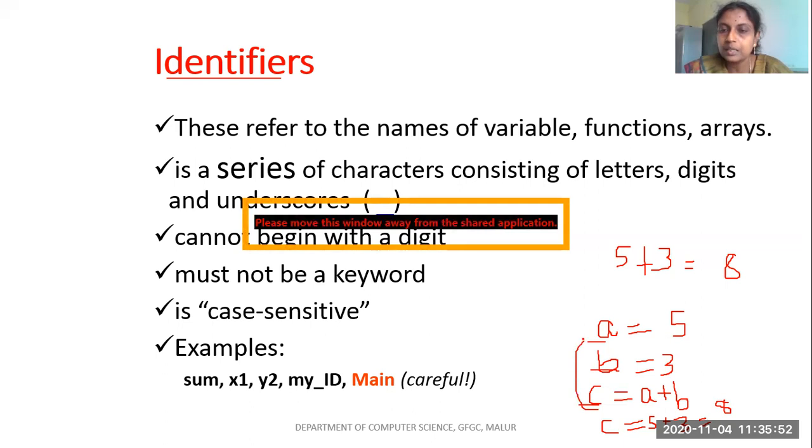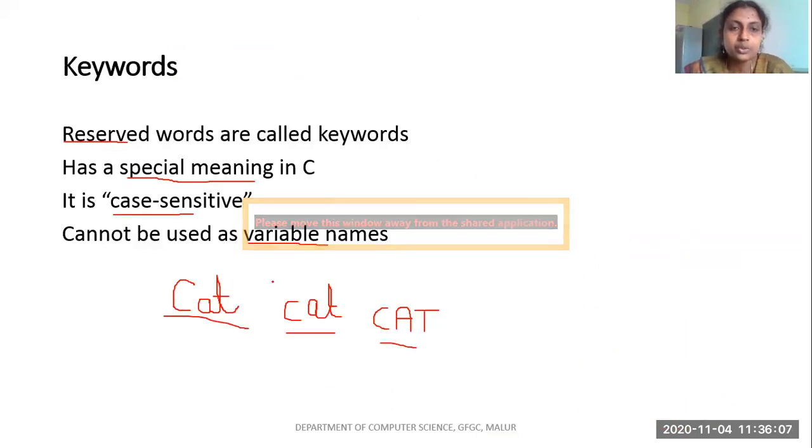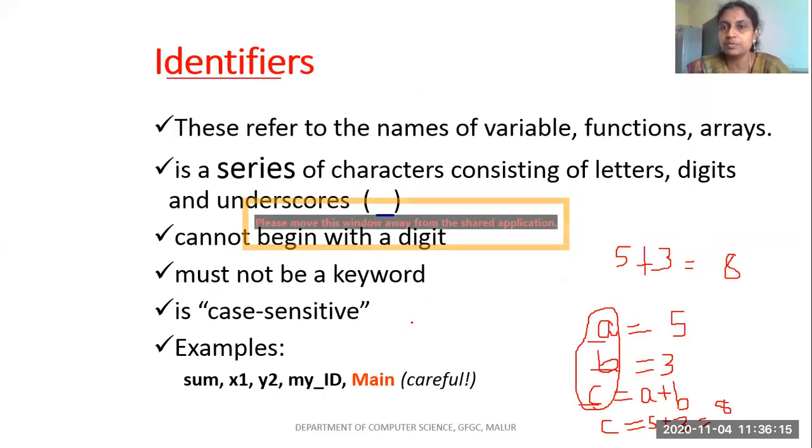To give this name, there are certain rules. First rule is a keyword should not be your identifier name. If you remember, the last point for keyword is that it cannot be used as a variable name. So keywords cannot be used as an identifier name. We have a keyword called auto.